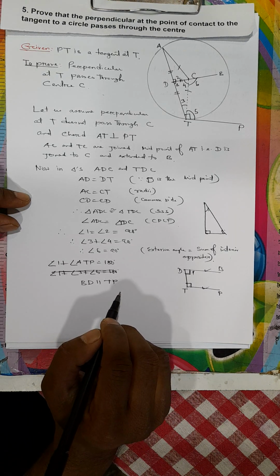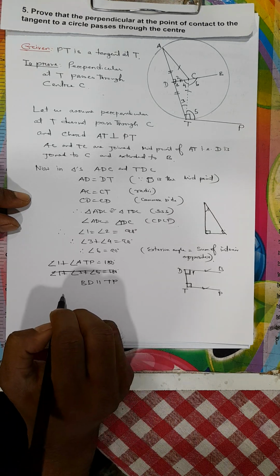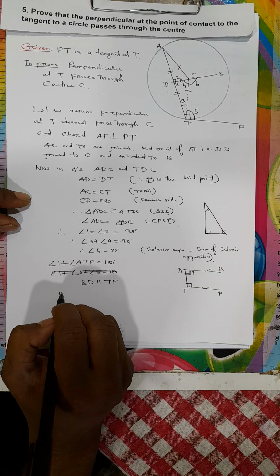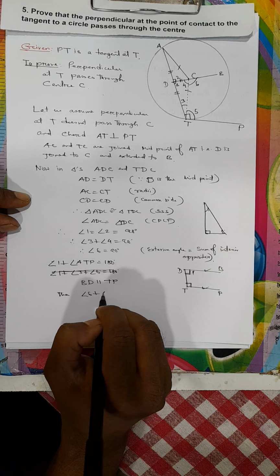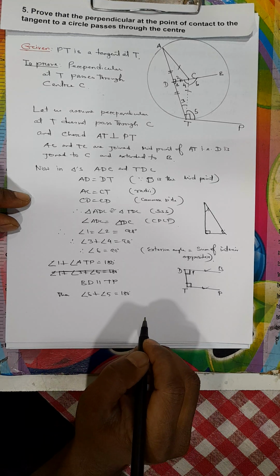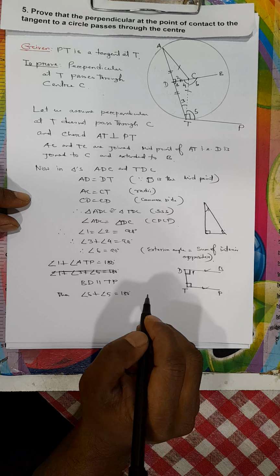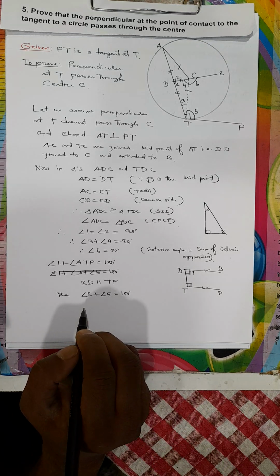If BD is parallel to TP, then you find angle 6 plus angle 5 is 180 degrees, right?